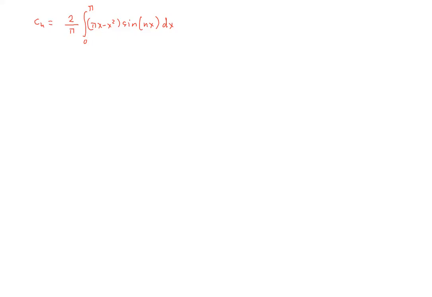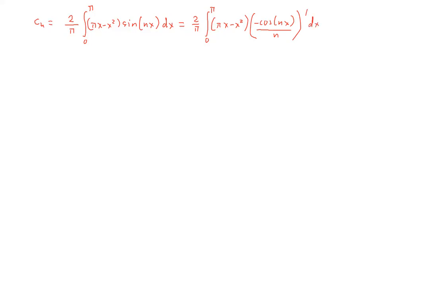They're not necessary. Everything is still doable here. So I want to think of sine of nx as a derivative, and it's a derivative of what? Of negative cosine of nx over n. If you take the derivative of this, you will see that you find sine of nx.